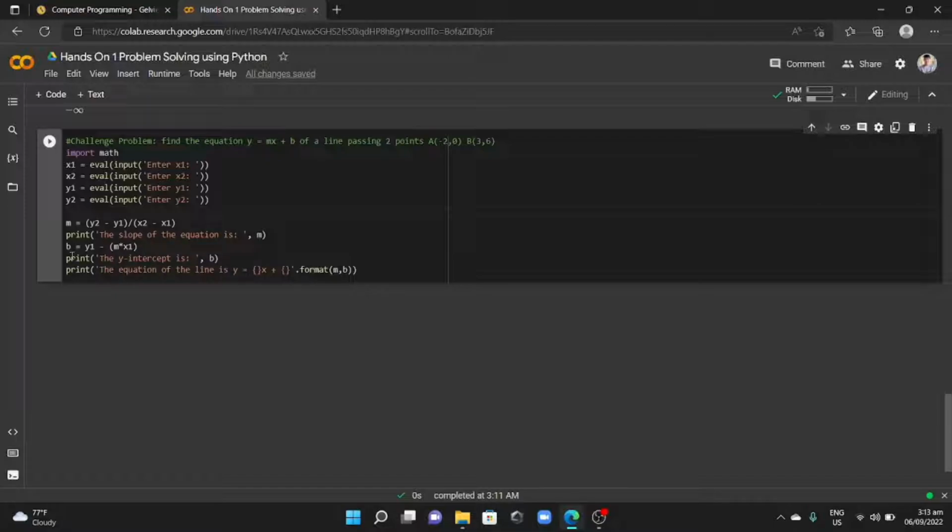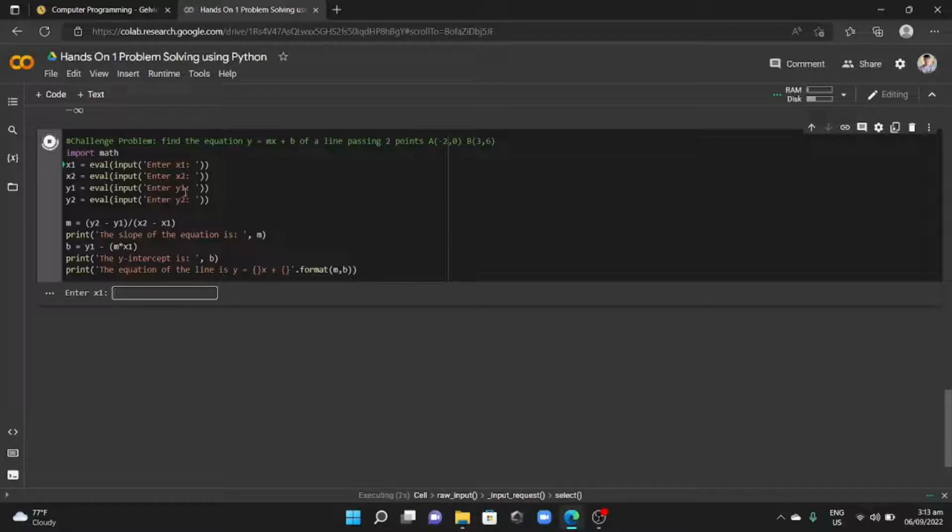And then we are going to print the y-intercept is in the formula of b, and we are going to print the equation of the line is y is equals to x plus blank, and I have used the format m, b, and we are going to run the code.